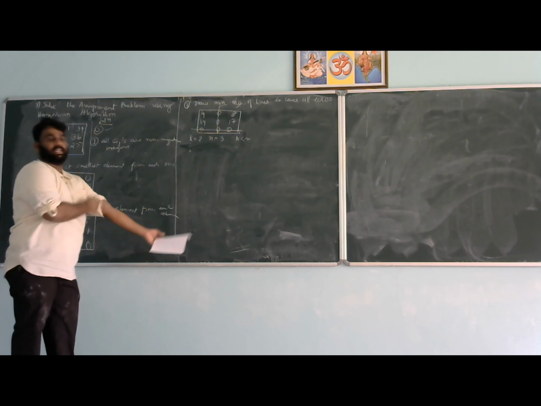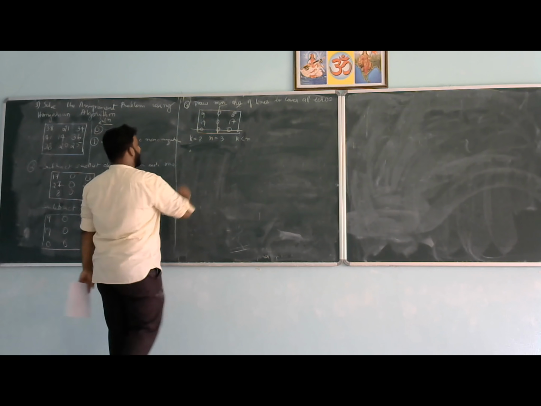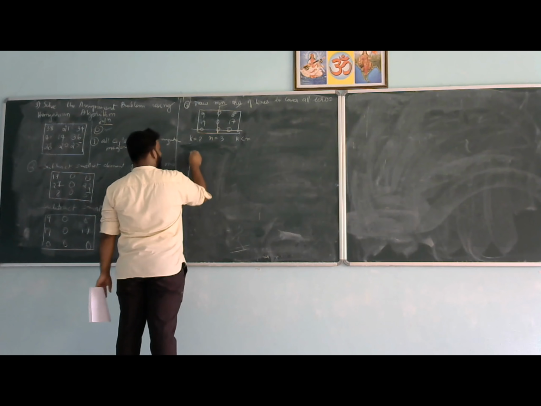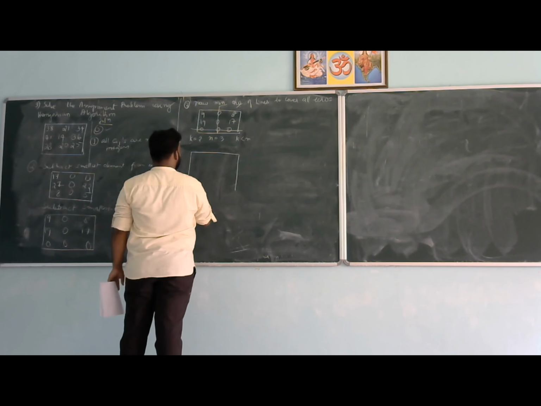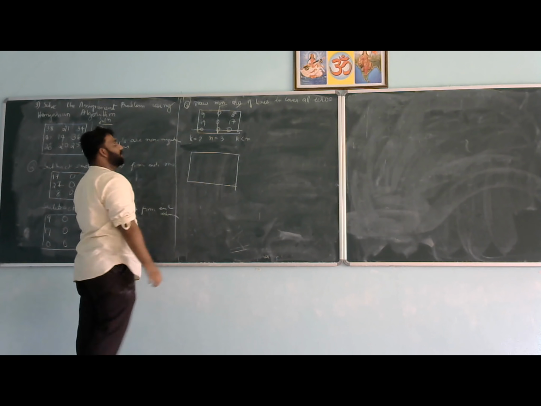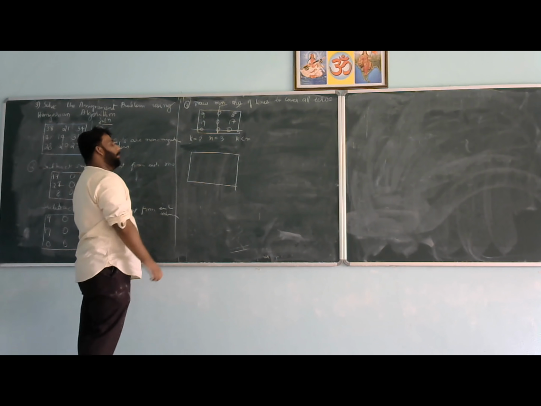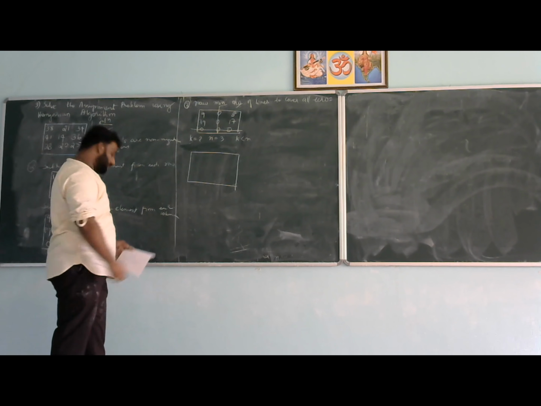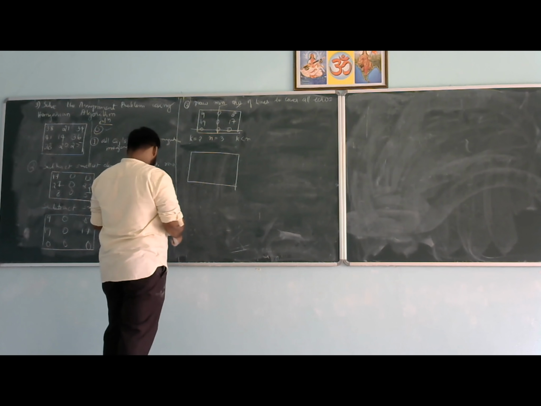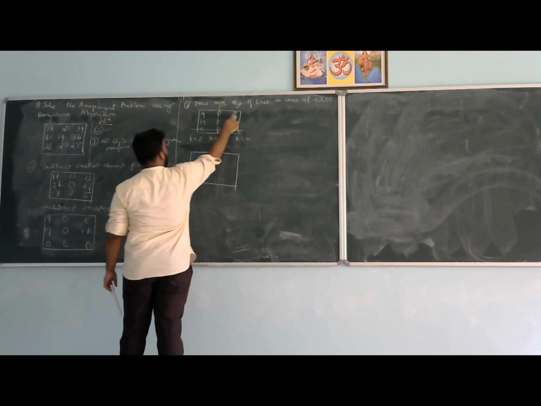Here k is less than n. So what do we have to do in the next step? We have to choose the smallest entry among the uncovered entries and subtract it from the other entries. The smallest entry is 8.